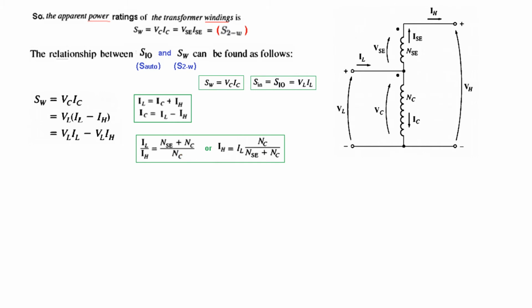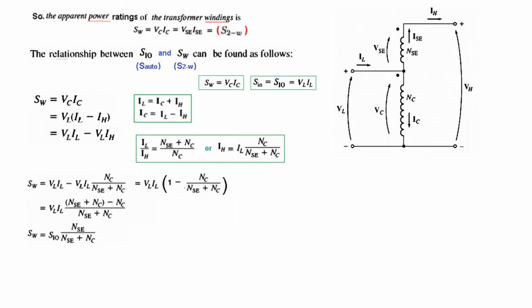So from here, IH can be written as IL times this term. We plug in this value here, and solving, we get this relation. This is the relation between the two-winding power and the autotransformer power.